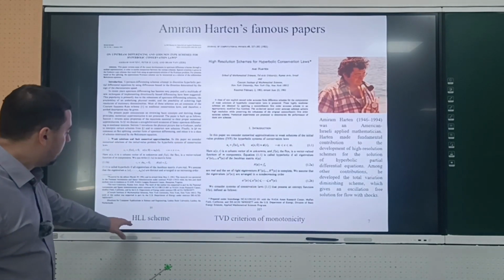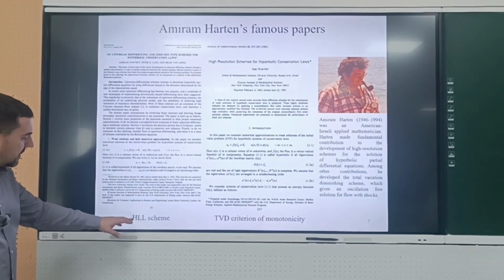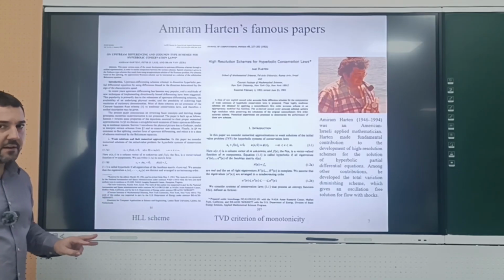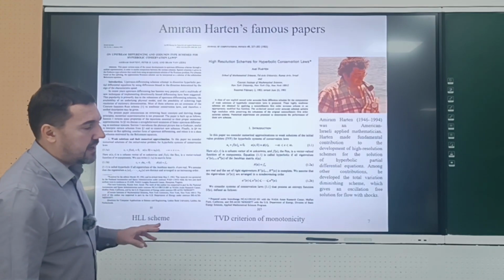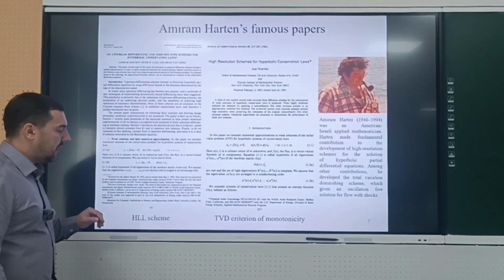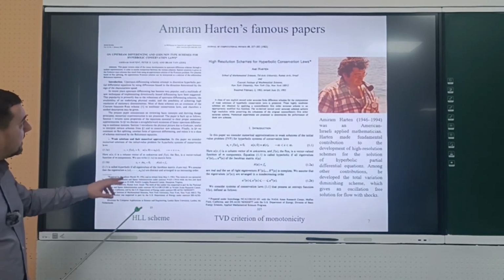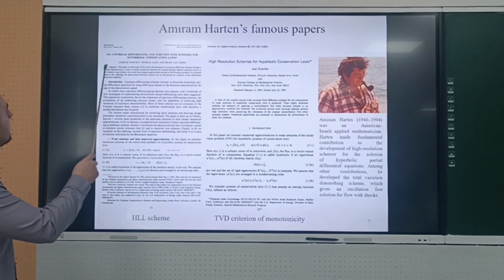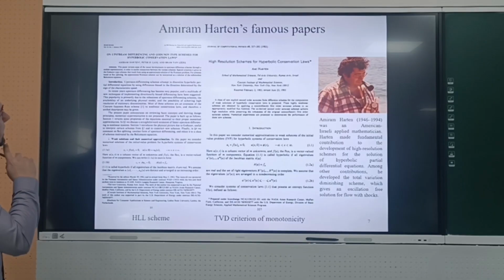HLL. What does it mean? It's the abbreviation of Harten-Lax-van Leer. Three researchers, three scientists, and this method is named after them. They published it in the SIAM Review journal in 1983.